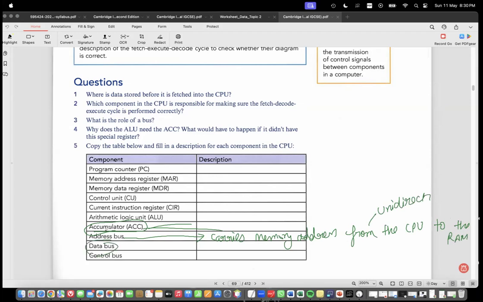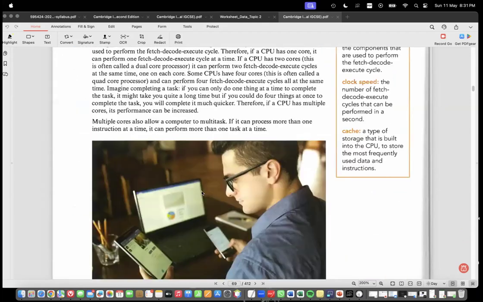Data bus is bidirectional. It carries data between the processor, memory, and other components. Control bus is again bidirectional. It carries control signals from the control unit to the various components.